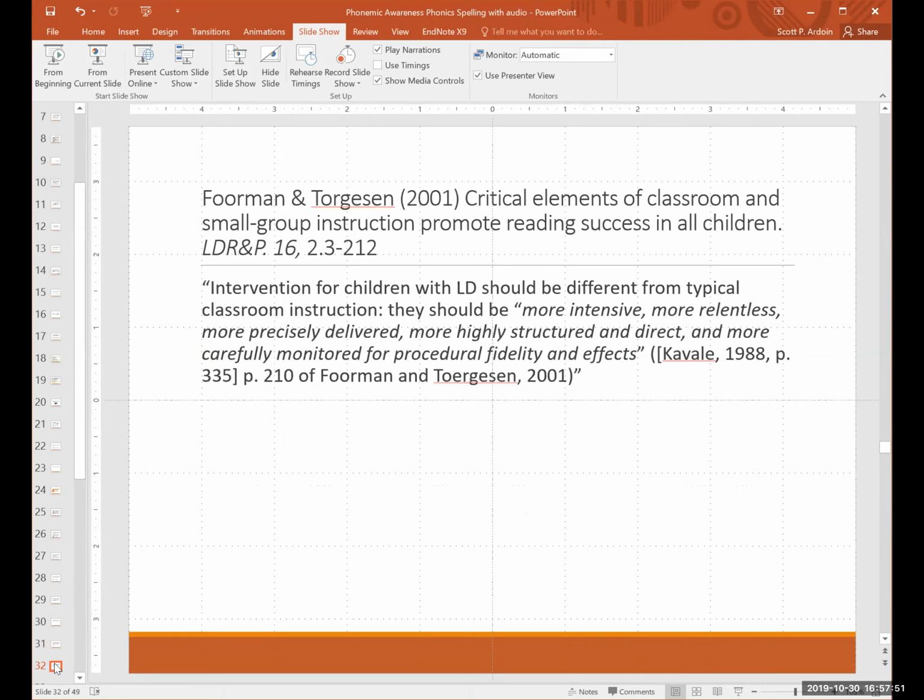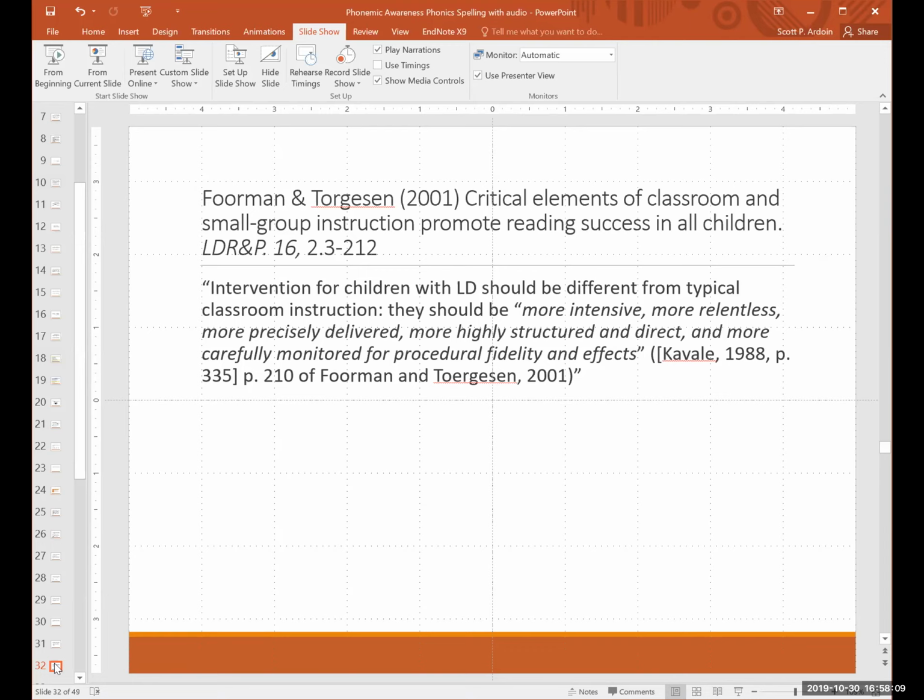So intervention for children with LD should be different from typical classroom instruction. It should be more intensive, more relentless, more precisely delivered, more highly structured and direct, and more carefully monitored for procedural fidelity and effects.